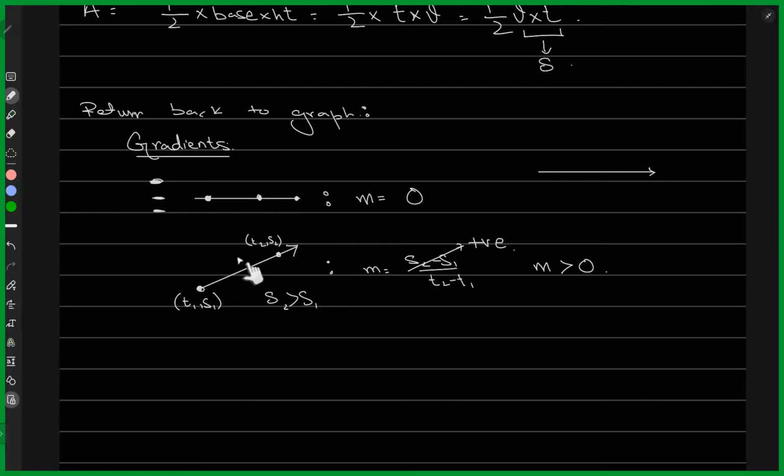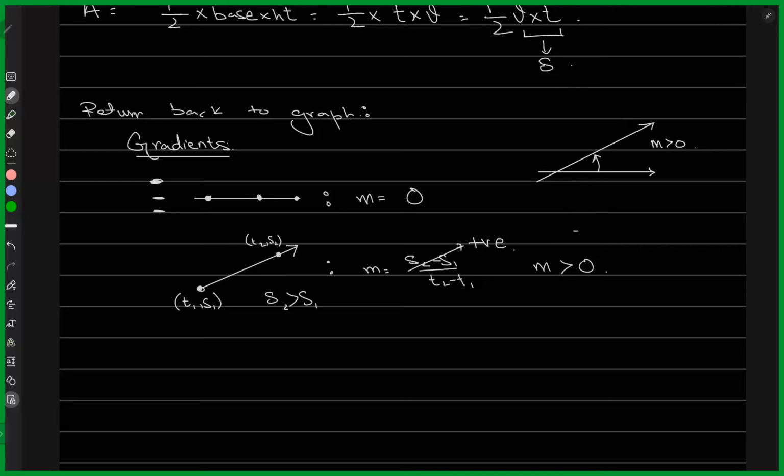So you put it like this maybe, and then you see the angle from the horizontal. If the angle is going in the anti-clockwise direction, then the gradient is positive.